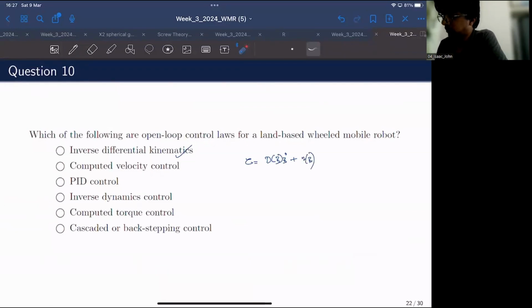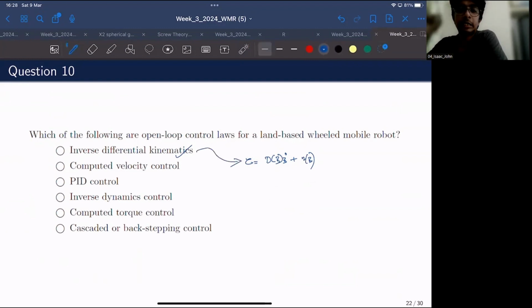So what is inverse dynamics? If you specify the trajectory of the robot in terms of eta, eta dot, and eta double dot, you should be able to find the actuator inputs.